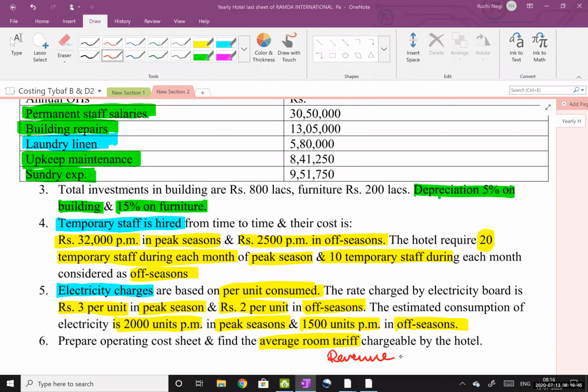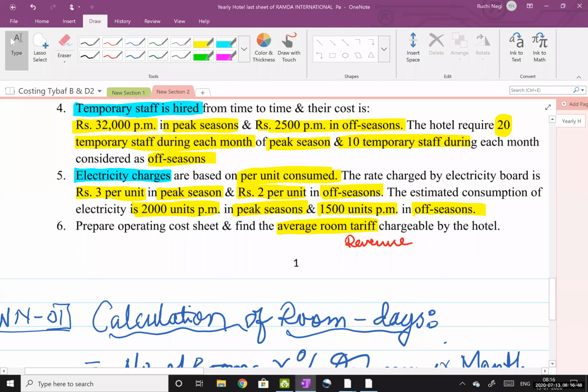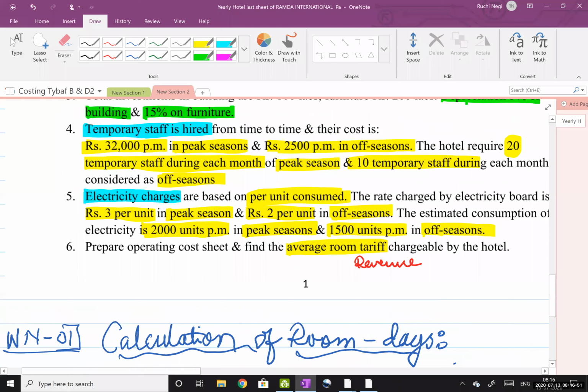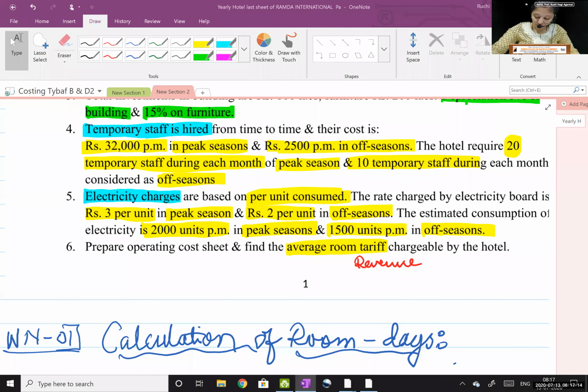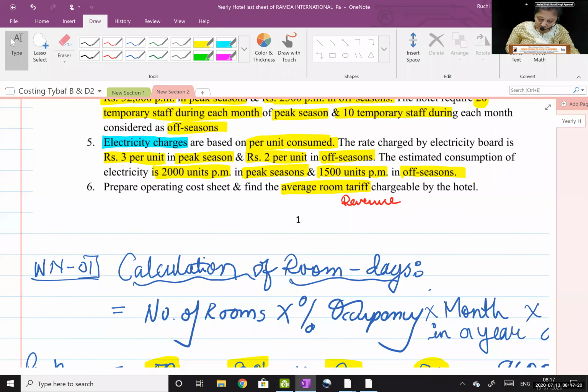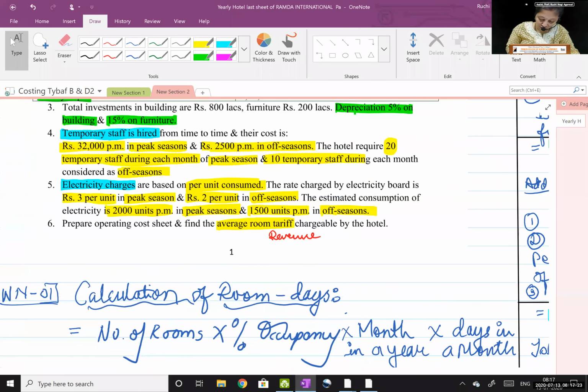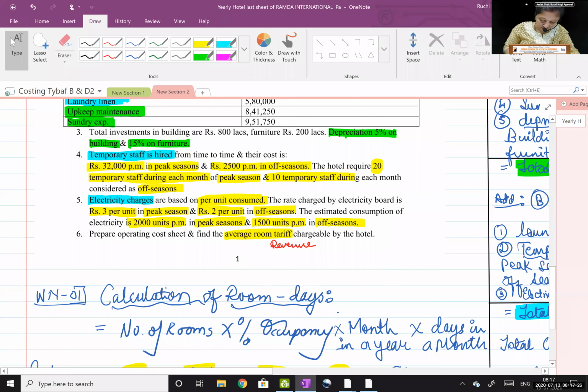Let us start. Calculation of room days. Okay, so this is the formula: number of rooms into occupancy into months in a year into days in a month.